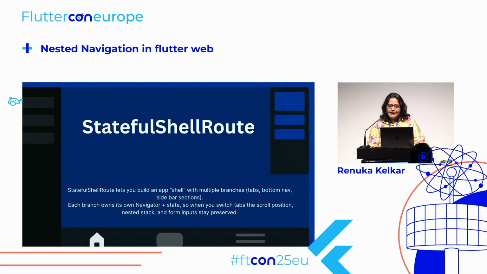So what it gives basically, the stateful shell route is a built shell with multiple branches, and each branch will have its own navigation. Each branch can manage its own navigation, so it doesn't affect the main navigation bar. And when you shift from one navigation branch to another, it will preserve the state, and that is what we needed basically.